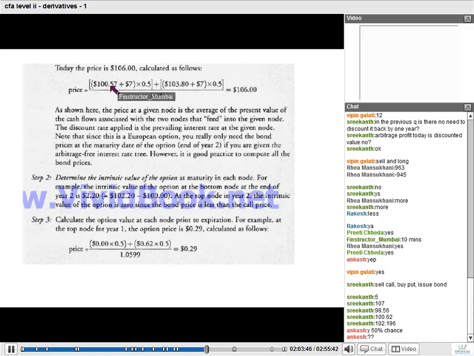That is, I see a value of 100.57 plus a $7 coupon with a chance of 50%, and I see 103.8. These two values come from the previous two calculations. The interest rate at the beginning is 3%, so the present price of the bond should be 106.0.